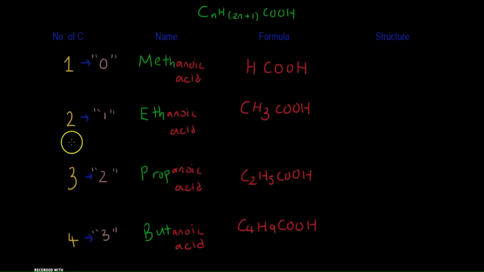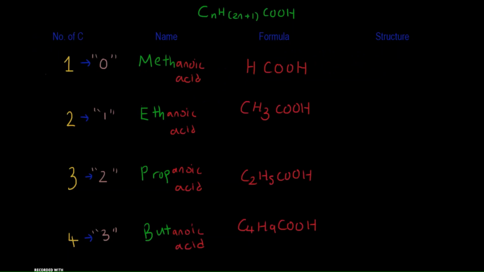Let's try for ethanoic acid. Ethanoic is 2, but let's minus 1 to become 1. Let's sub in. So now it becomes C1, H, 2 times 1 is 2, plus 1 is 3, COOH. So now it makes sense. So only for this carboxylic acid, do this minus 1 trick, and you should have no problem.